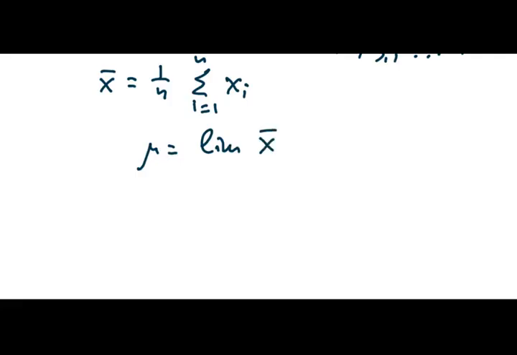We can find mean for these n values, 1 over n times sum of all these values. And by definition of mean value for random variable, mu equals the limit of this mean value for sample of size n when size of sample tends to infinity.